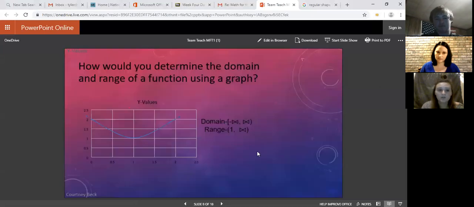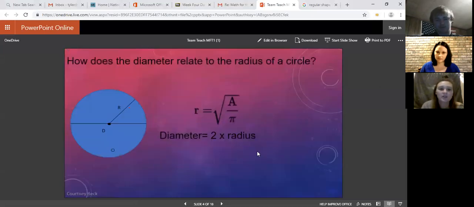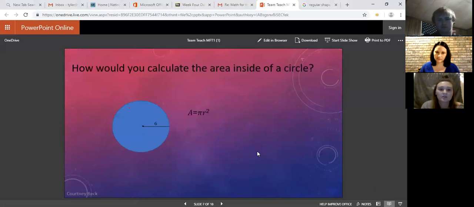Okay. All right, Courtney, how would you calculate the area inside of a circle? You will use the area equation I put up here to find the area inside of a circle.